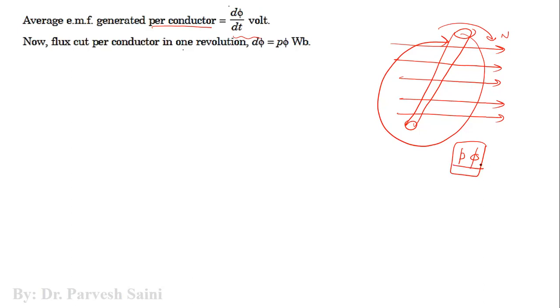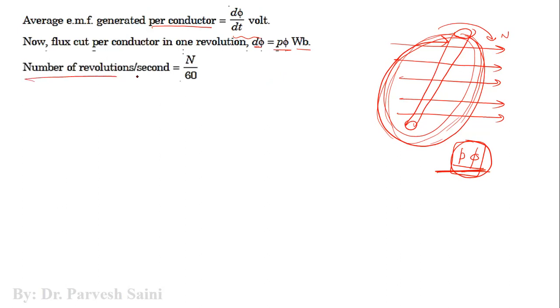This is the total flux produced by the total number of poles, right? So in one revolution, the conductor cuts this much flux, so d phi will be equal to P phi Weber, right?